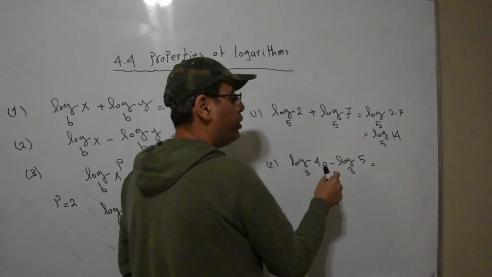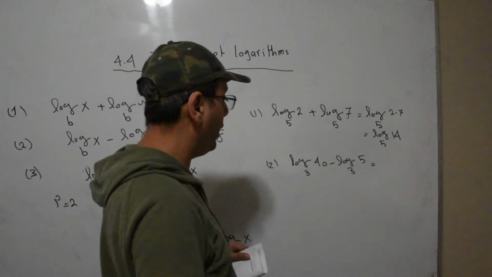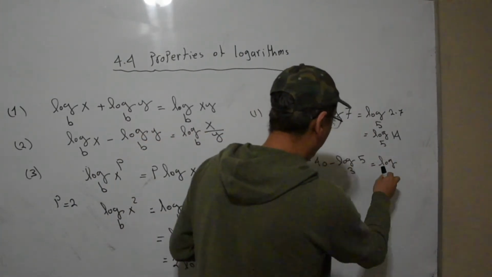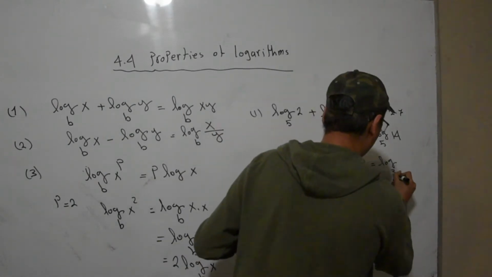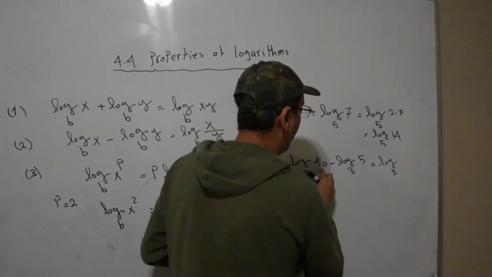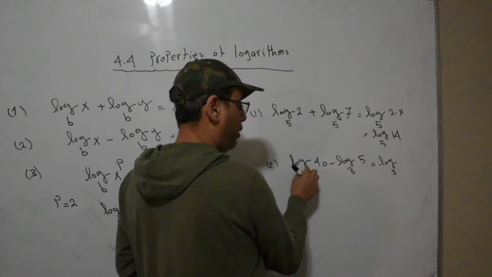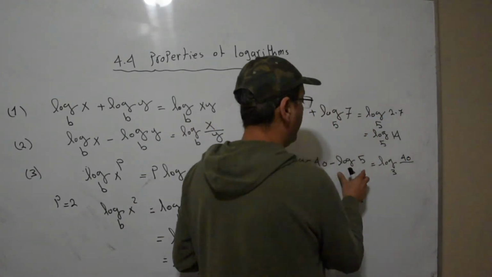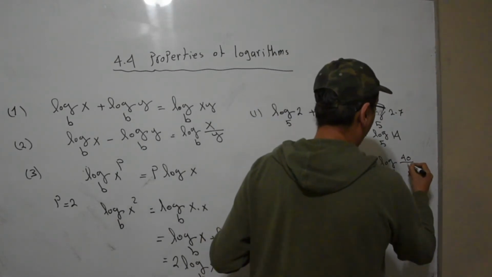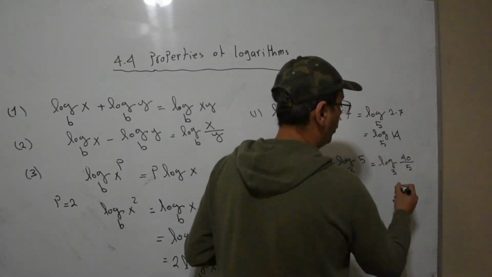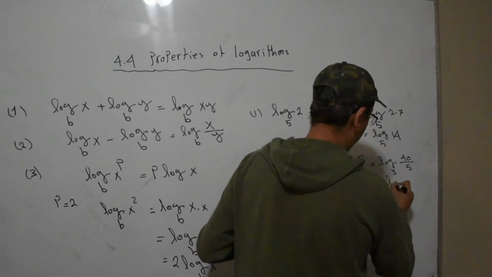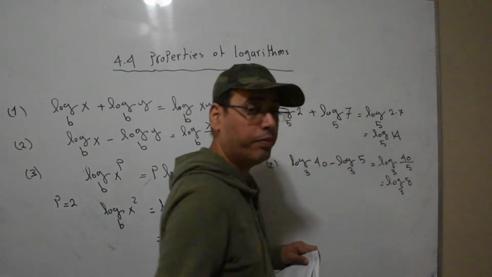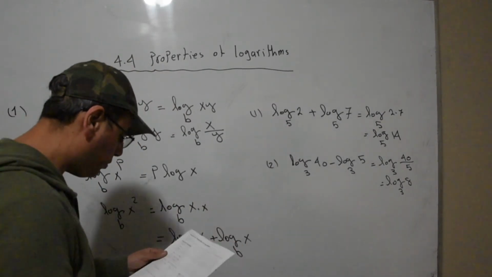Is it the same coefficient, and the coefficient must be 1? Yes. So now I can combine them in one log. Log, same base, and then divide. So the positive log goes on the numerator, and the negative one goes to the denominator. So 40 divided by 5 is 8. So I got log base 3 of 8. I hope this is clear.